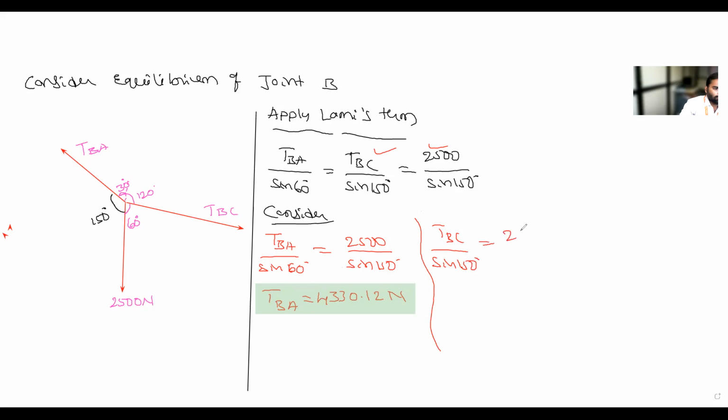This sine 150 gets cancelled. Tension in member BC is equal to 2500 Newton as it is. You have to write the units also. Units are very, very important. So this is the answer. Is it clear, everyone?